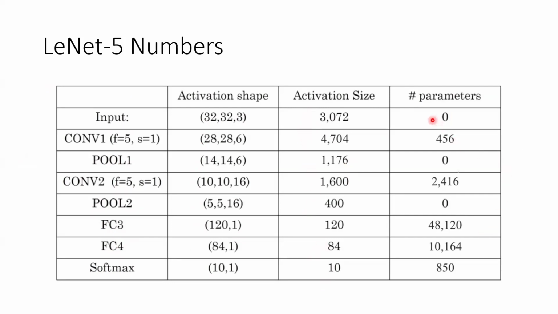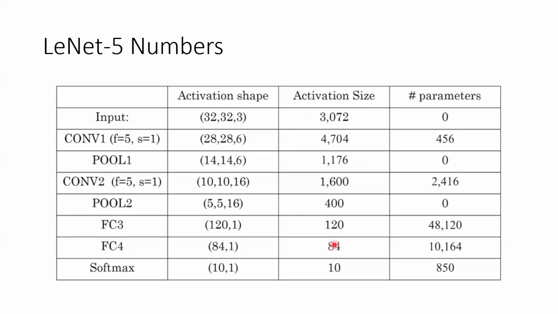When you look at the number of parameters, the number of activations is reduced, so the information is getting focused step by step into this 10: 3,000, 1,600, 400, 120, 84, 10.